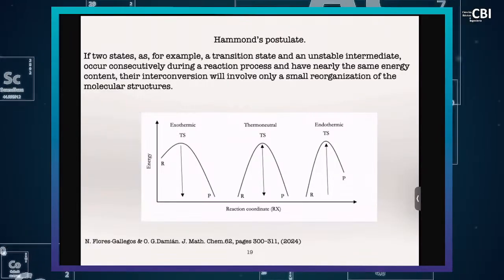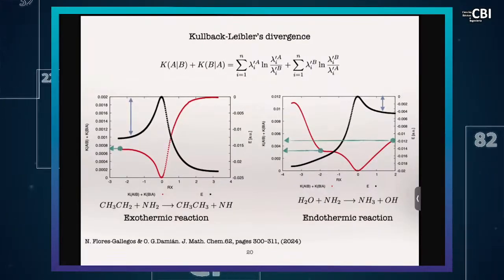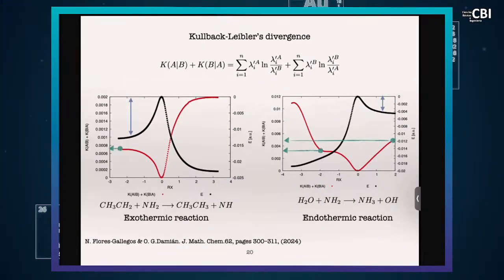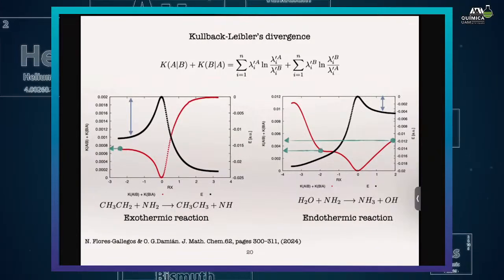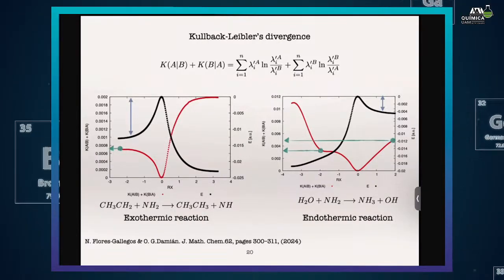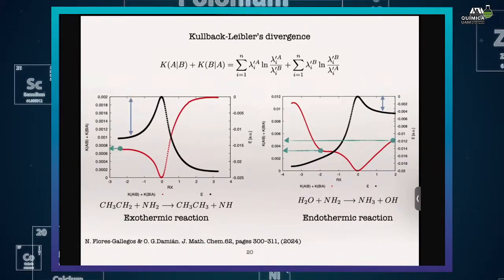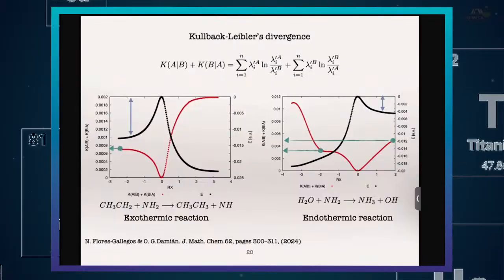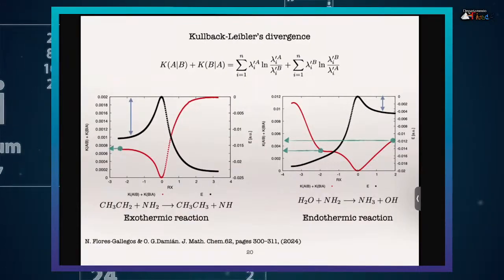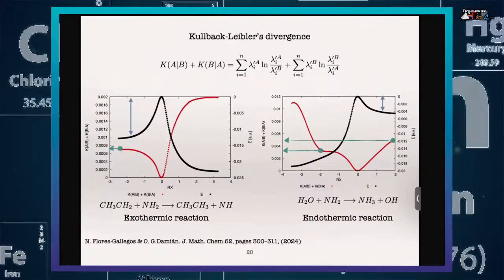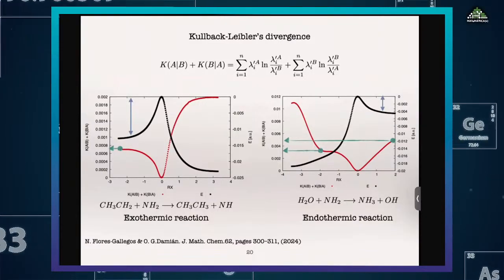However, let me show you some results using the Kullback-Leibler divergence. If the numerical result of this equation is closer to zero, then both distributions are more similar. We present this exothermic reaction, and according to Hammond, the reactants structure will be more similar to the transition state.